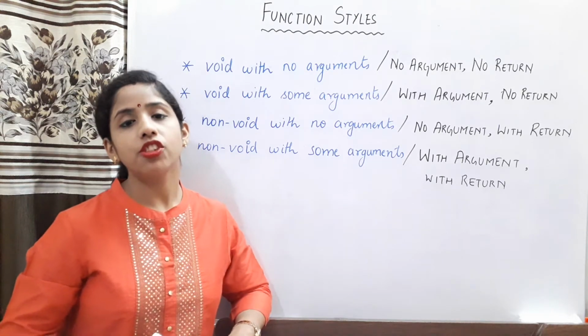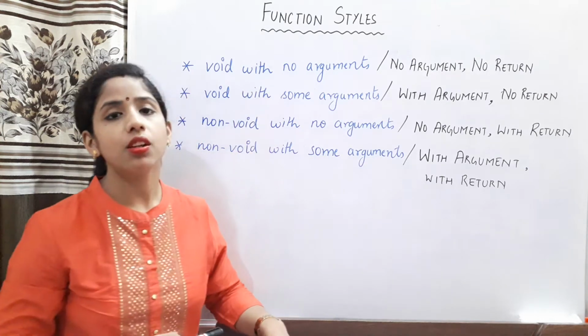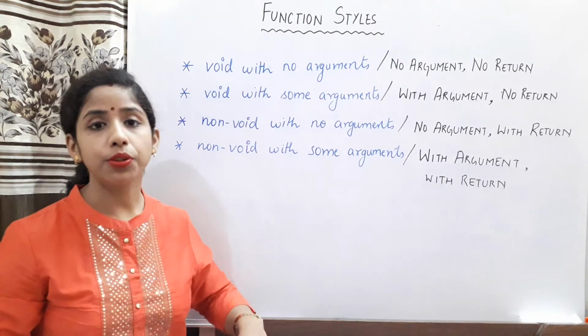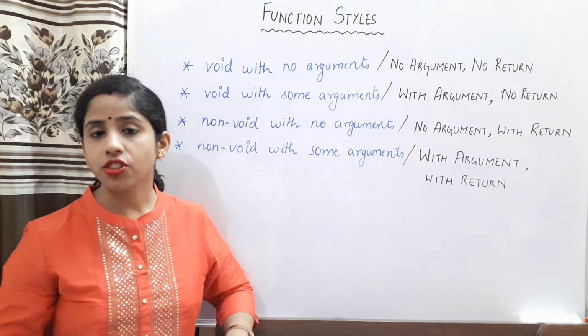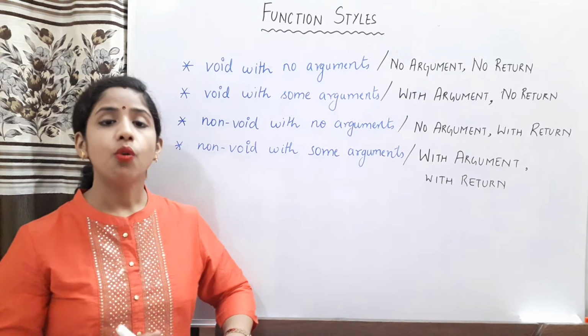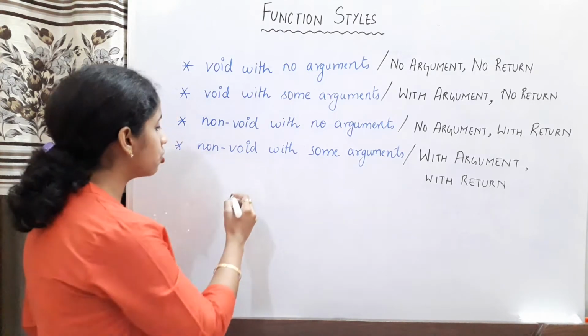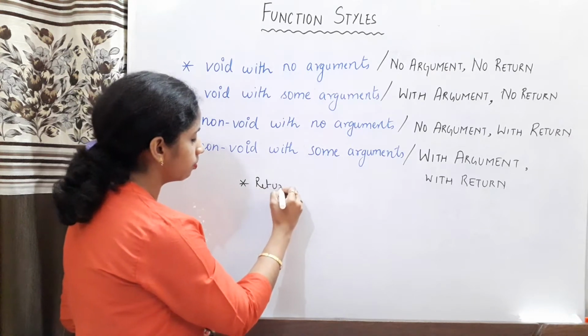Basically, a function in Python can be written in 4 styles whose names are mentioned in front of you, and these 4 styles of writing the function are actually based on 2 parameters. First is whether the function is returning the result or not.